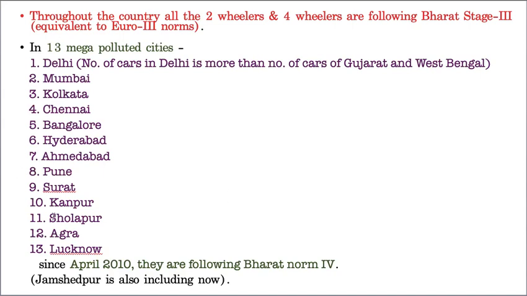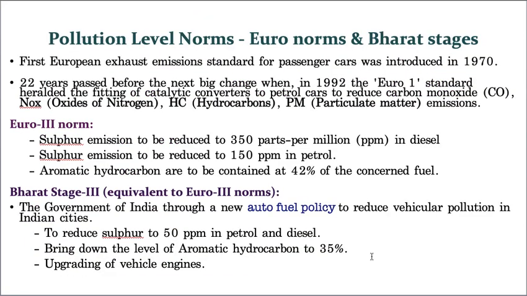Again all the vehicles will be provided with new engines, and in the rest of India we are still following Bharat Stage 3, but in these 13 mega polluted cities we are following Bharat Stage 4. Hope you understood. With this, we completed the pollution level norms, that includes Euro norm and Bharat stage norms.